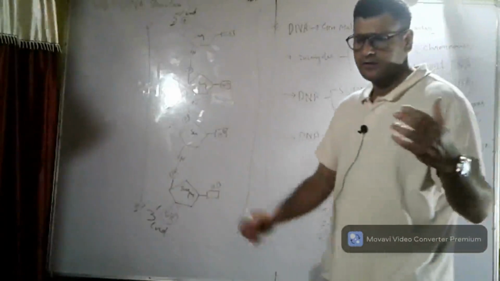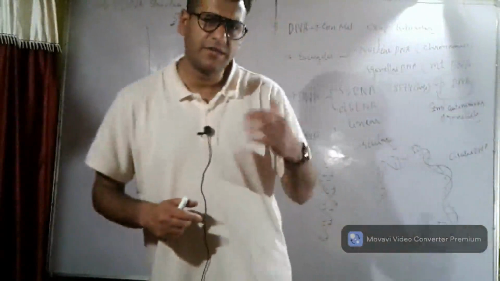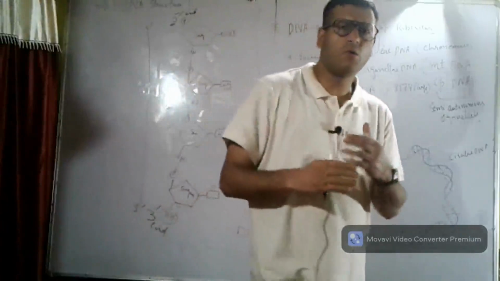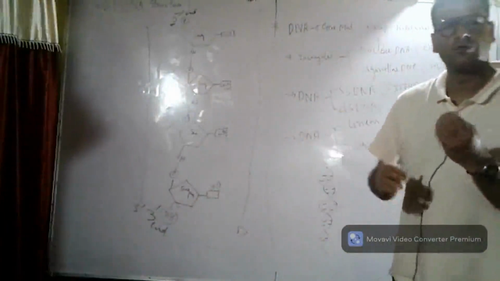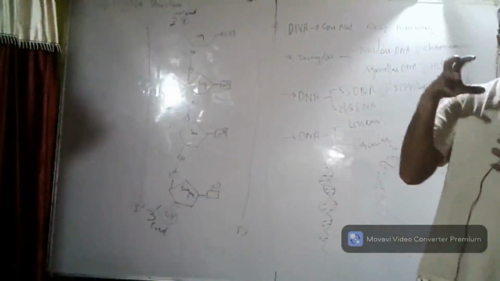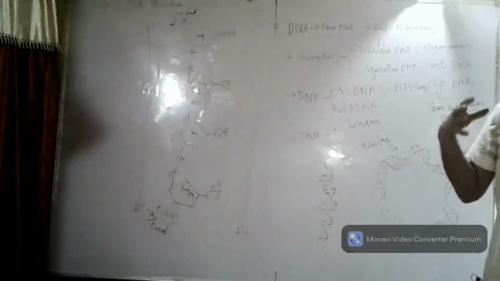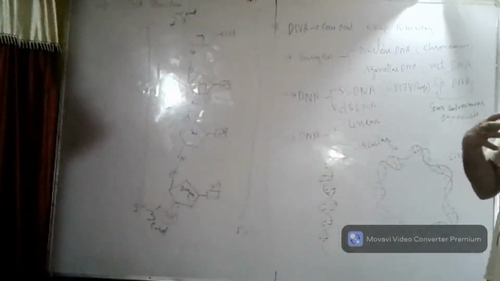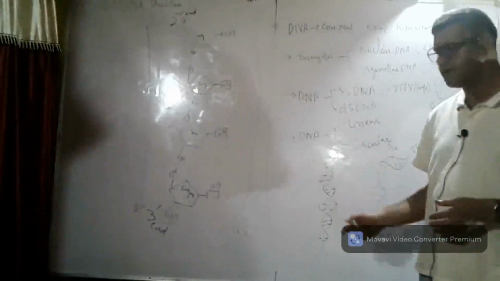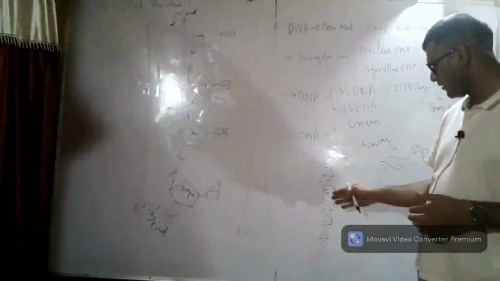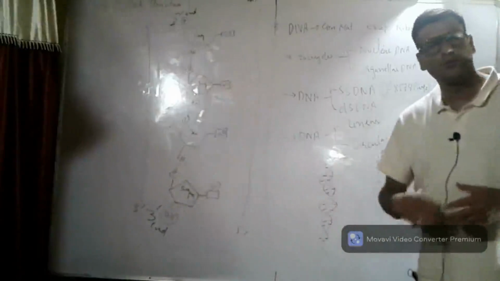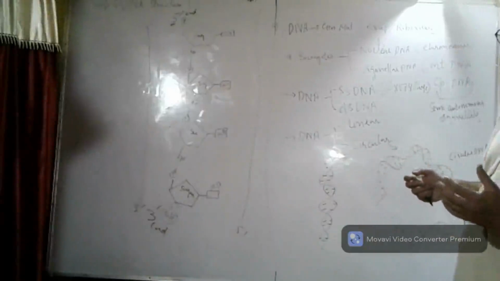In case of circular DNA, the two ends of the DNA duplex are covalently linked to each other, so it becomes circular. While in case of linear DNA, the two ends of the DNA duplex are free.